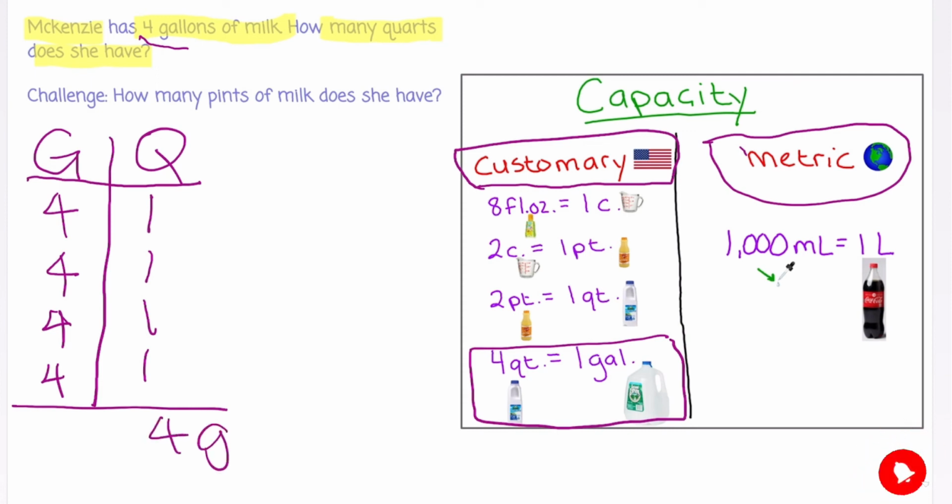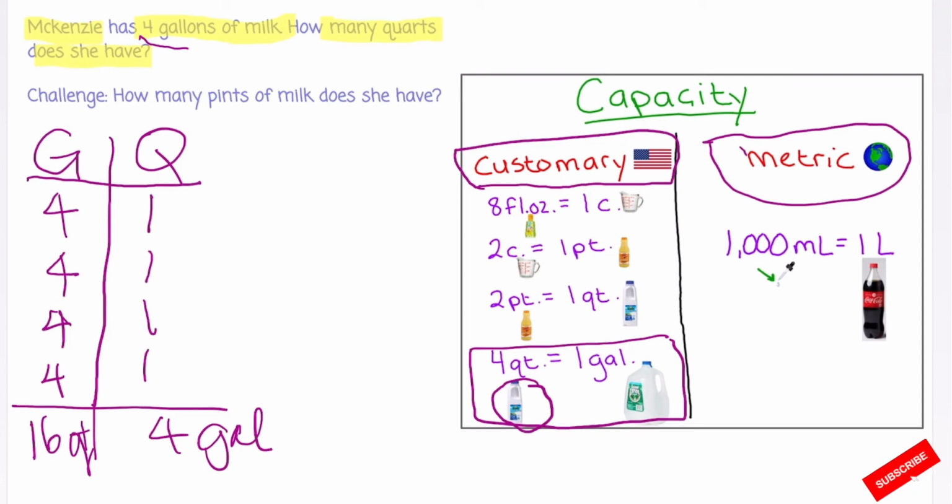How many quarts does she have? Let's skip count by 4. 4, 8, 12, 16. She actually has 16 quarts. So every time you see 4 gallons, that means she has 16 of these nice little bottles right here. 16 quarts make 4 gallons.